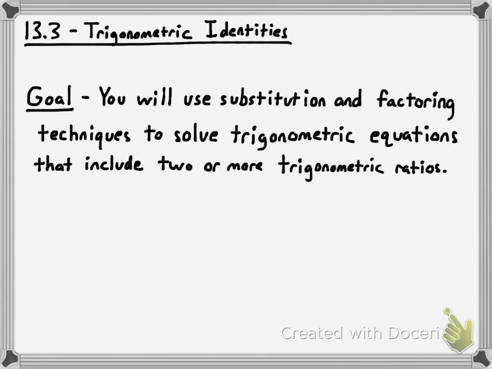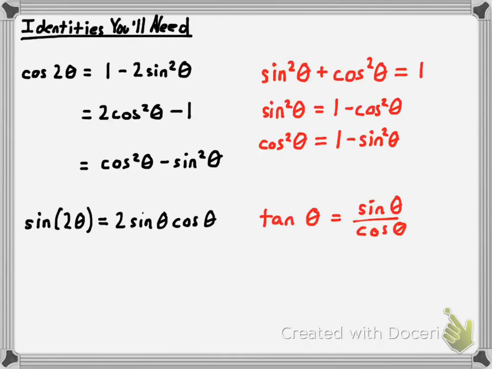Now there's several identities that we're going to need to be familiar with, and I would suggest having these written in front of you. Have your formula booklet in front of you with all these written in them if you've got that. You'll need to know your cosine double angle identities, your sine double angle identity, the sine squared theta plus cosine squared theta equals 1 identity, as well as what that is when you get sine squared and cosine squared by itself.